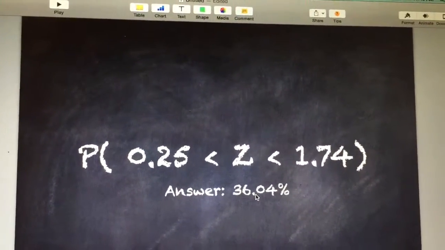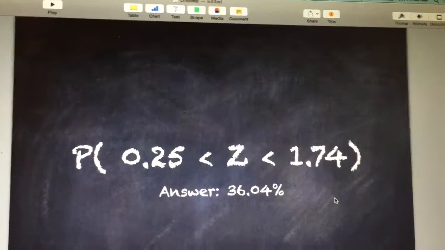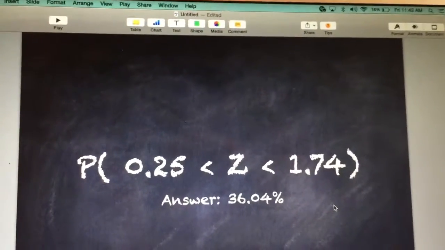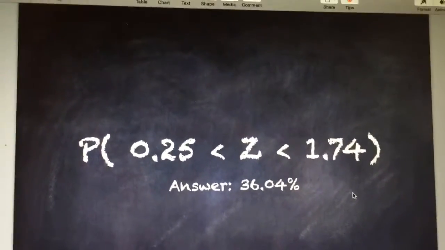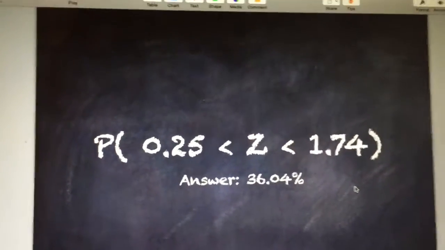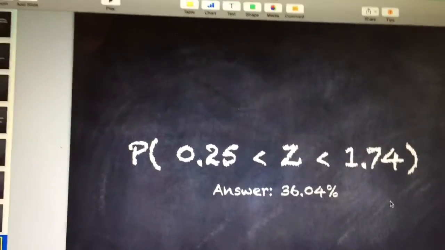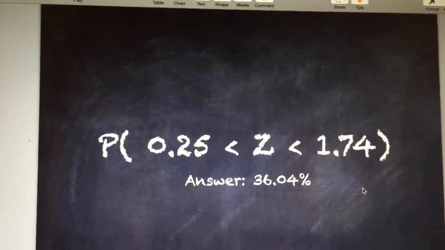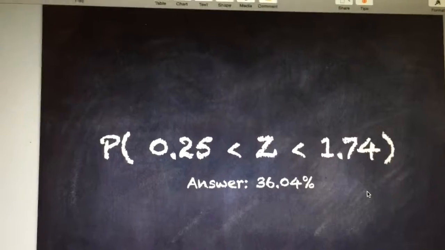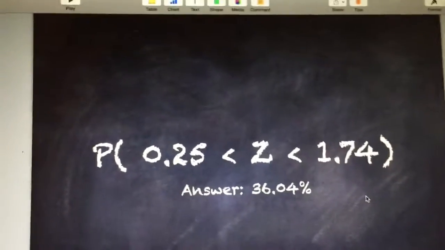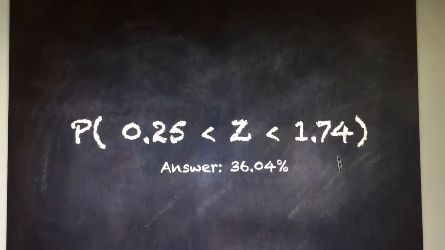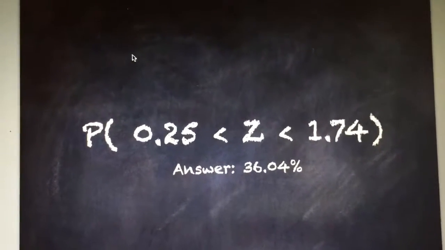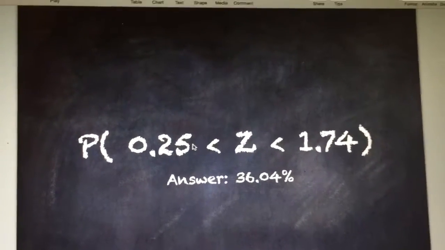So let's do 1.74 first because that's the biggest number. Therefore, we want to subtract the bigger number with the smallest number. So with 1.74, we go down the z-scores, 1.7 over to 0.04, and we get 0.9591.